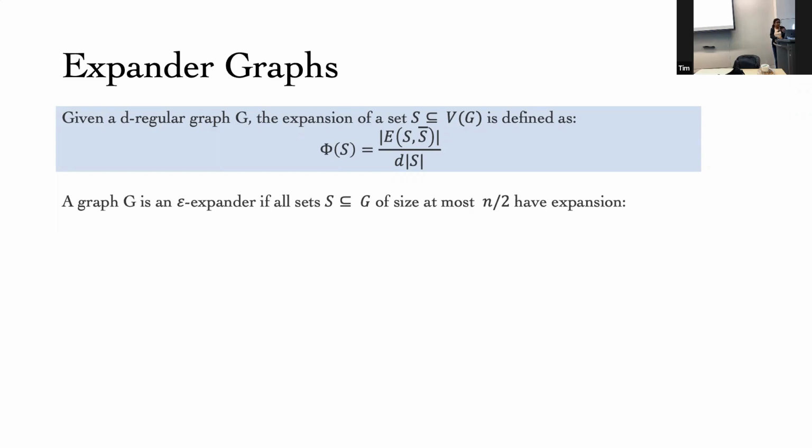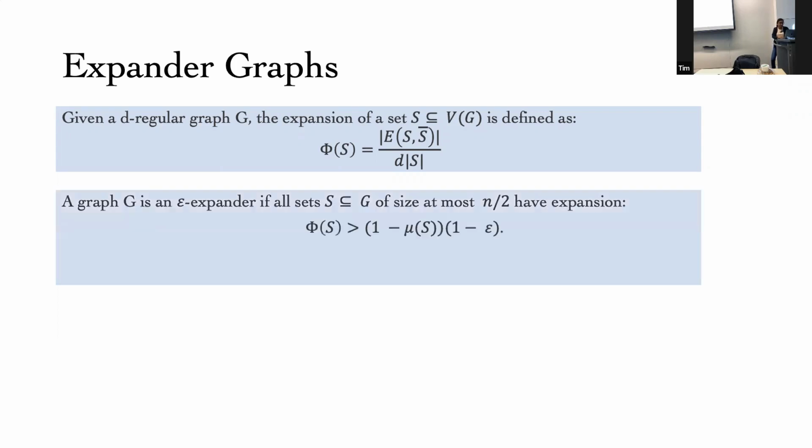And as many of you might know, an epsilon expander, or an expander graph, is a graph where all sets of size at most half have expansion roughly 1 minus the fractional size of the set. So why do we have this expression?